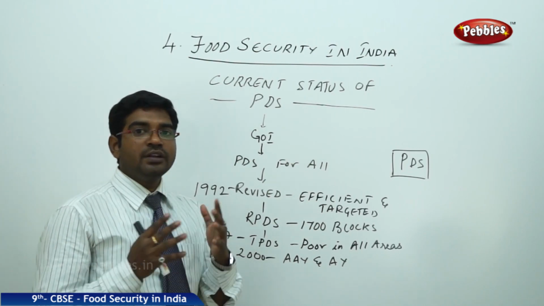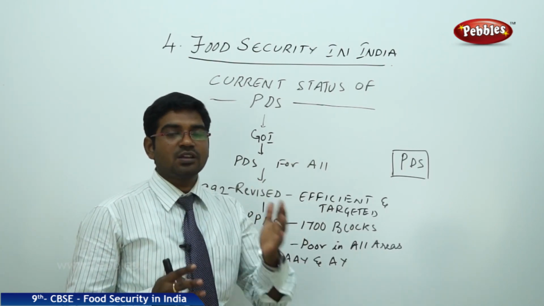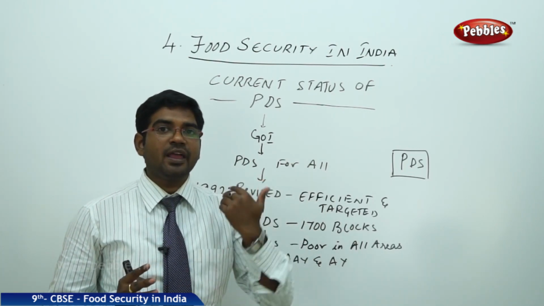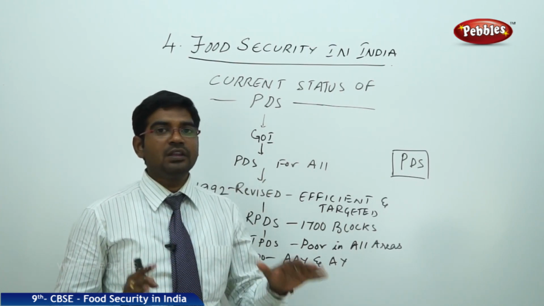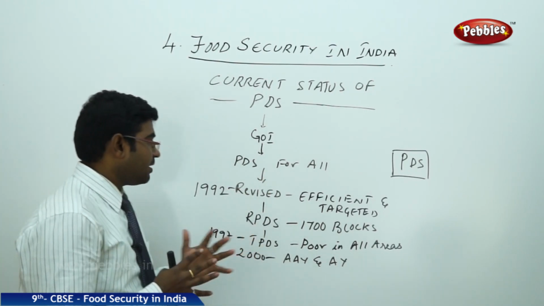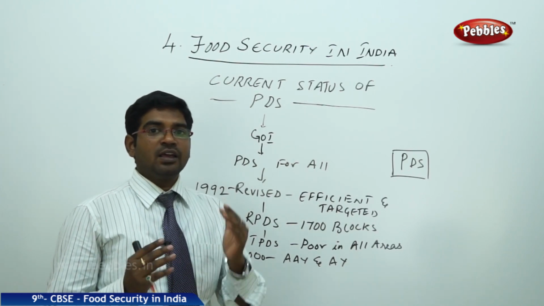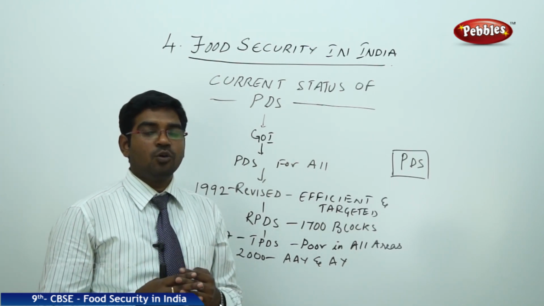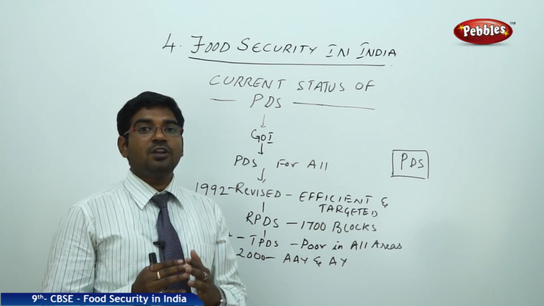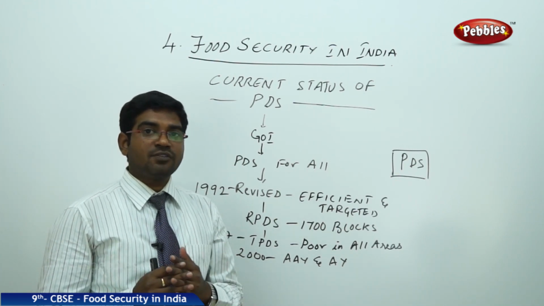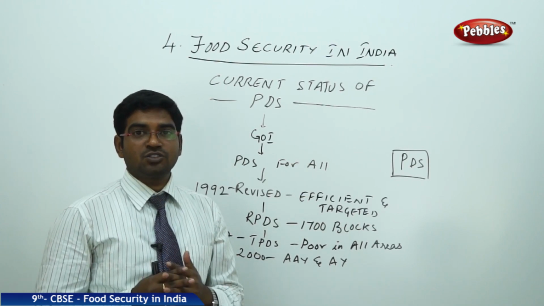There was no discrimination between the rich and the poor; it was made accessible to all people. But as time passed, in 1992, the statistics revealed by NSSO showed that there are many people strictly suffering with poverty and hunger.